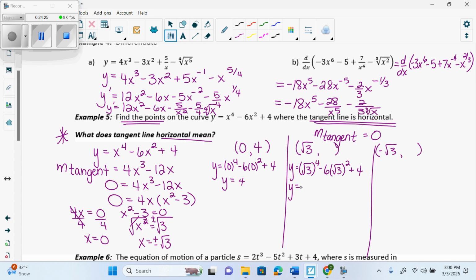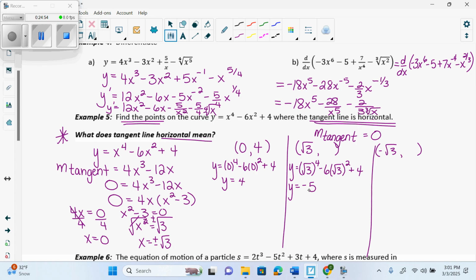I think it's 5, but this one gets you a 5, right? This one's negative 5? Oh, it's negative 18 and 9. So this one's going to be root 3 to the 4 becomes 3 times 3, which is 9, and 4, and then minus 18. So this one's going to be negative 5.